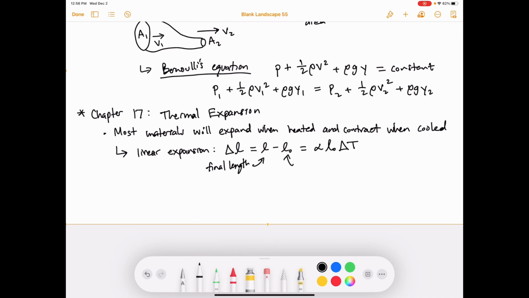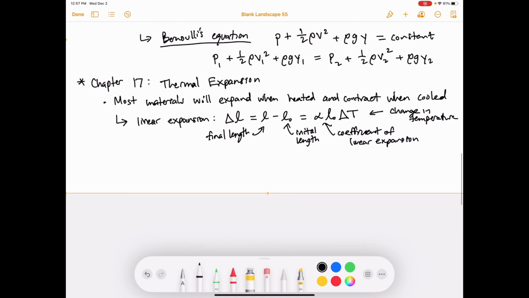L naught, it's the initial length. Alpha is what we call the coefficient of linear expansion. And that's going to just depend on the material. Every material has a different value of alpha. And then finally, delta T is the change in temperature.